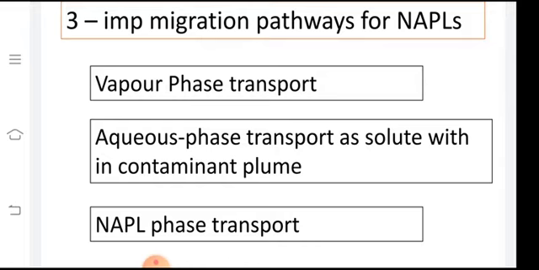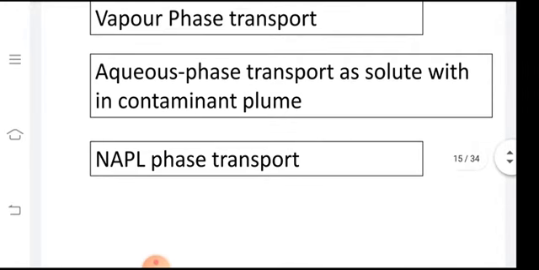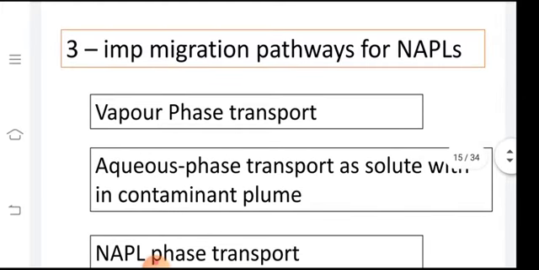Another phase is aqueous phase transport, as solute within the contaminant plume, and then NAPL phase transport. So three kinds of migration pathways of NAPL do exist.